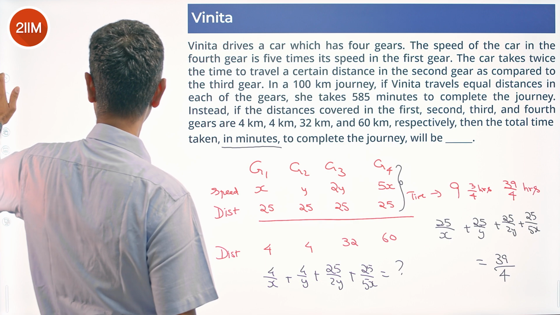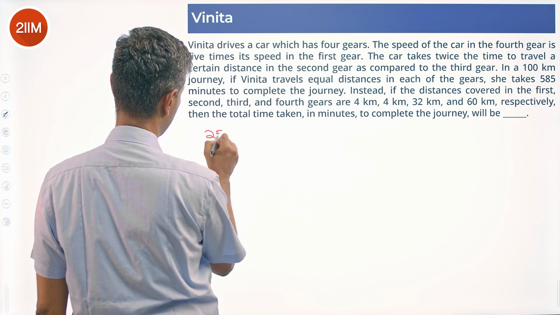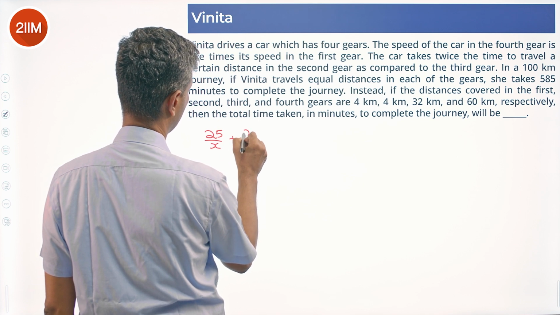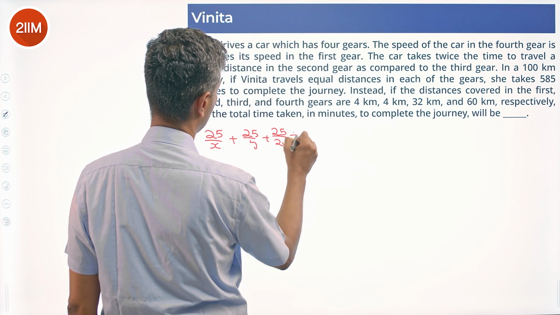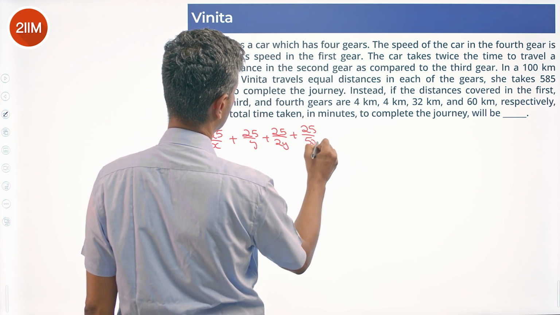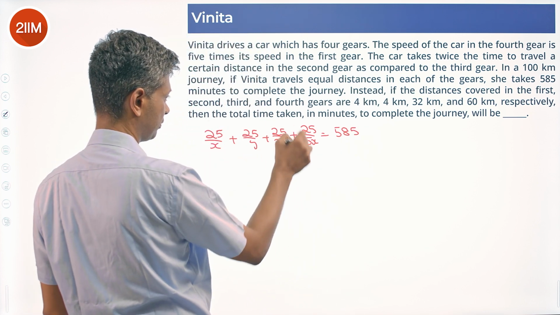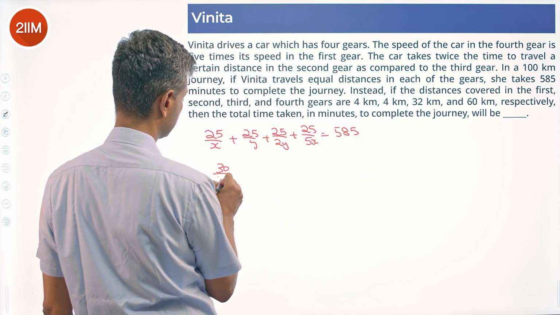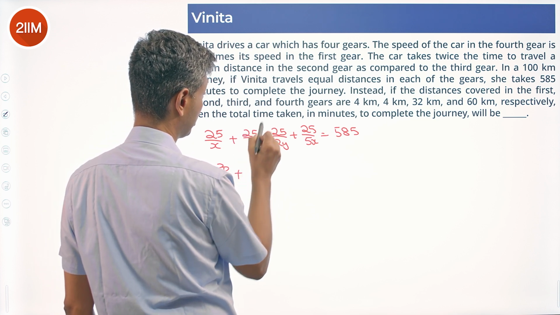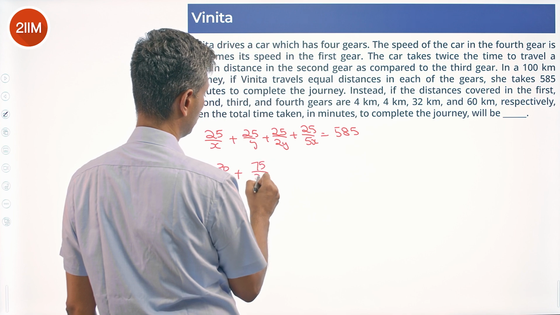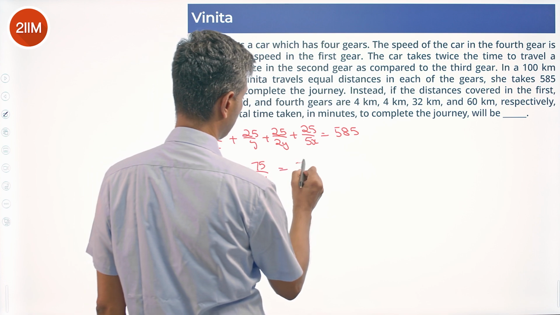We'll reframe the first equation: 25 by x plus 25 by y plus 25 by 2y plus 25 by 5x is 585. 25 by x plus 5 by x is 30 by x, plus 50 by y plus 50 by 2y plus 25 by 2y is 75 by 2y. Here the LCM is x, there the LCM is 2y. This is equal to 585.